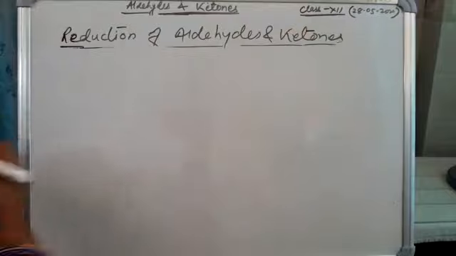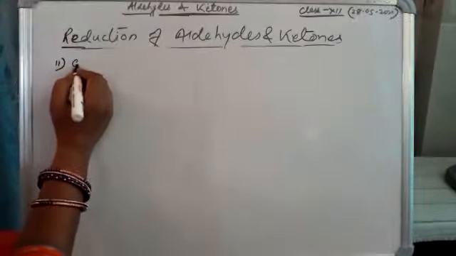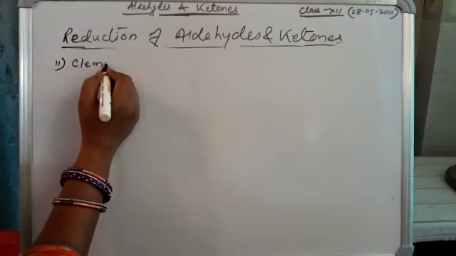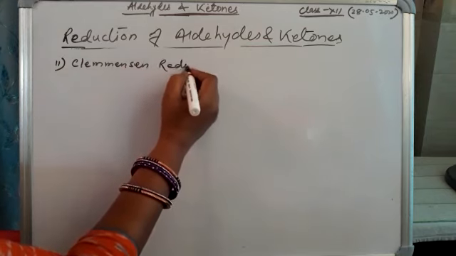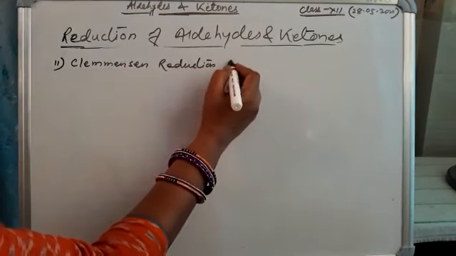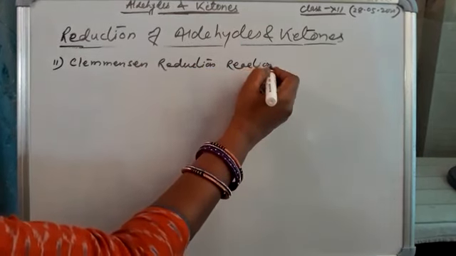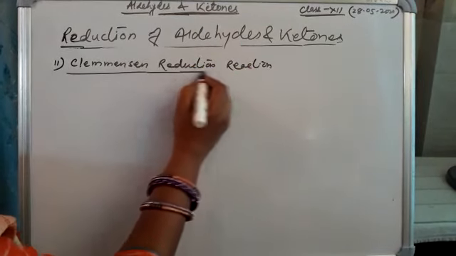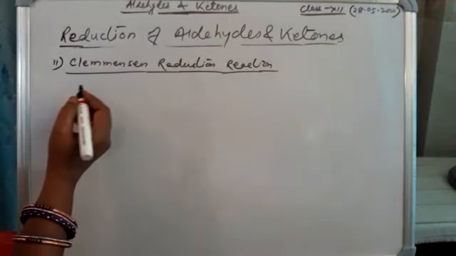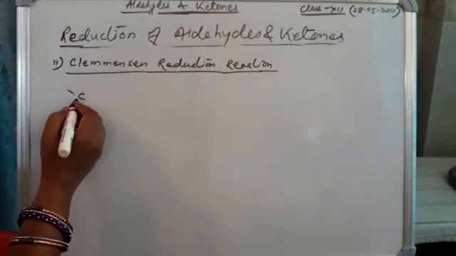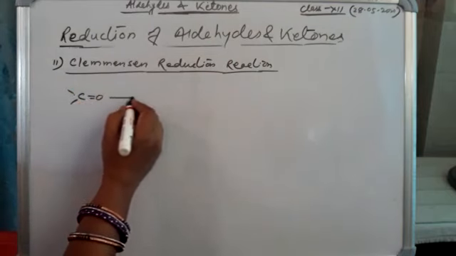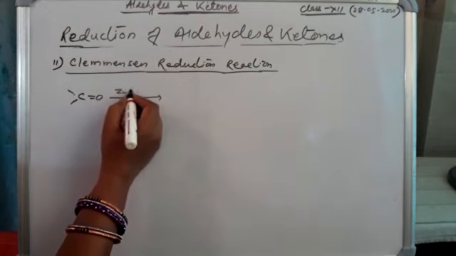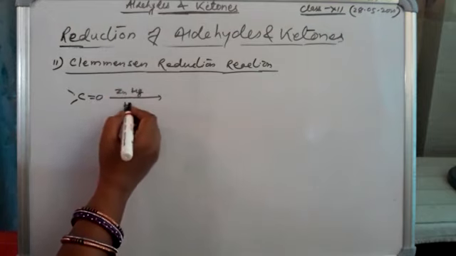Now our next named reaction is the Clemmensen reduction reaction, in which a carbonyl group, either aldehyde or ketone, is treated with zinc amalgam in acidic medium.